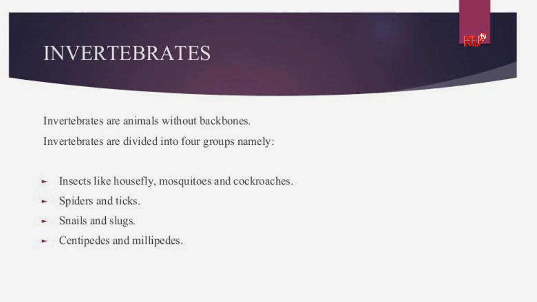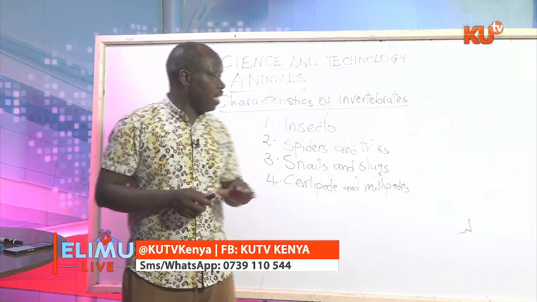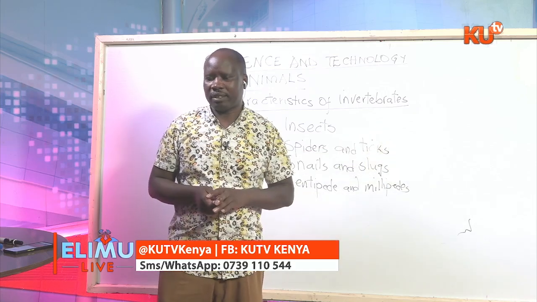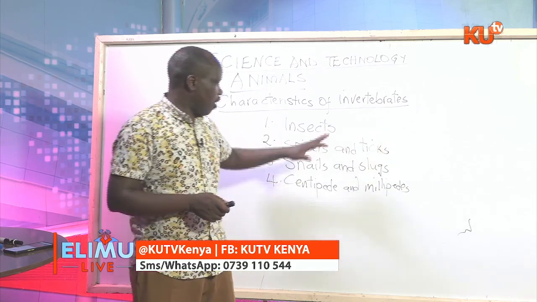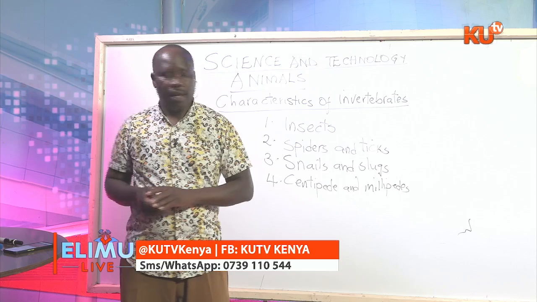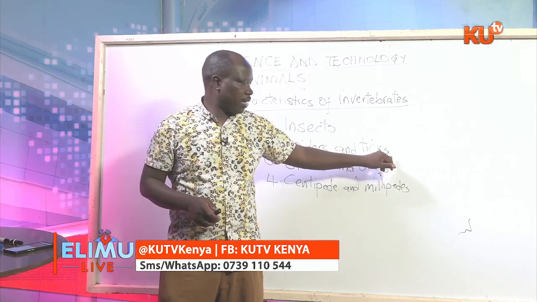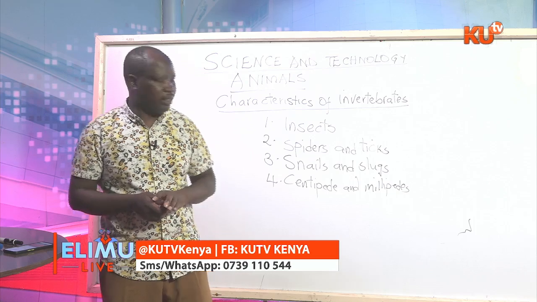Then we come to characteristics of each of them, and we start with insects. Under insects, we have 5 characteristics. Under spiders and ticks, we have 4 characteristics at our level of grade 6.